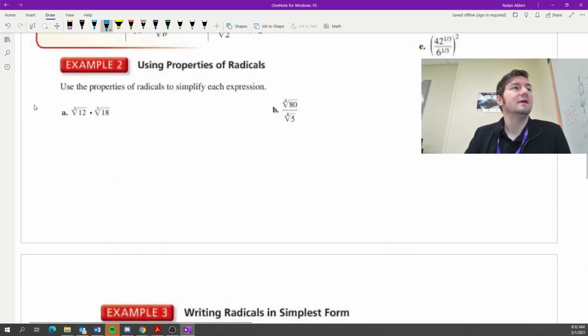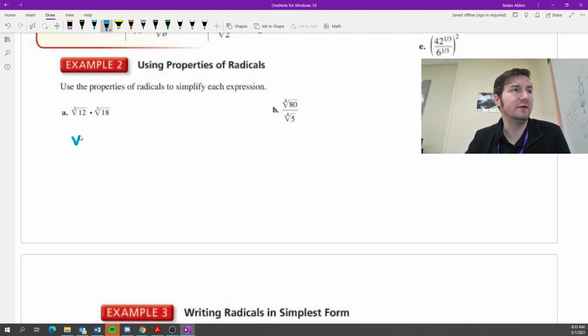All right. Let's move on to some other ones. So here we have, again, the same kind of base here. Or I'm sorry, not the same base, but the same power. So we can combine the bases by multiplying them here. So 12 times 18 is 216.